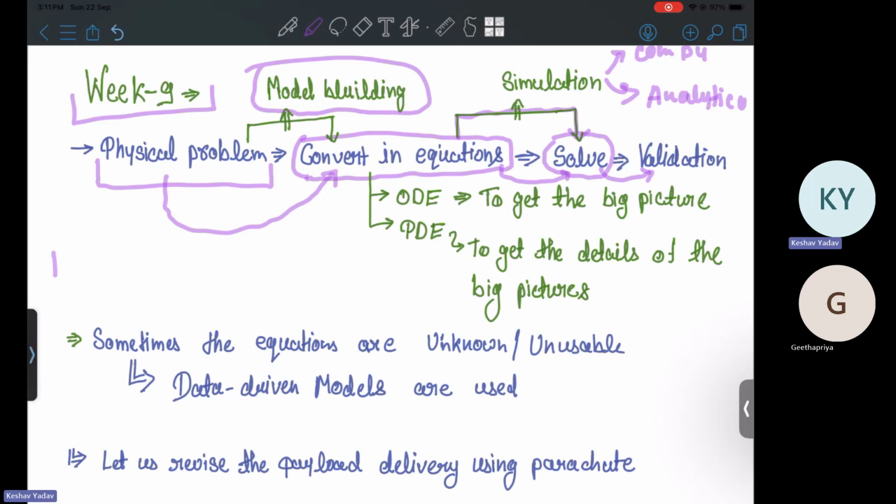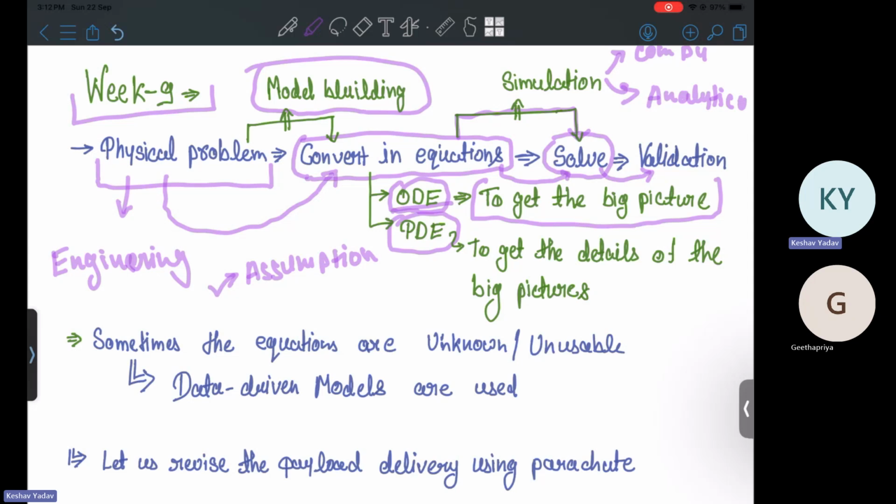So in general engineering applications, the set of equations that we get are either ordinary differential equations or partial differential equations. Usually we take some set of assumptions to convert the physical problem into an ordinary differential equation.